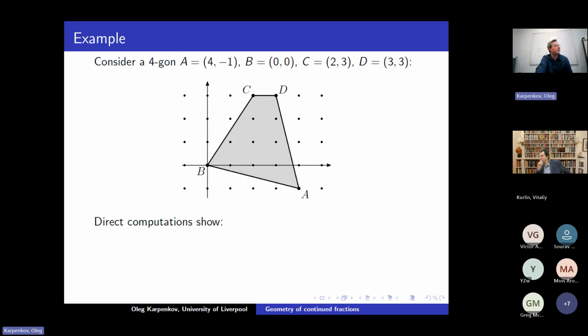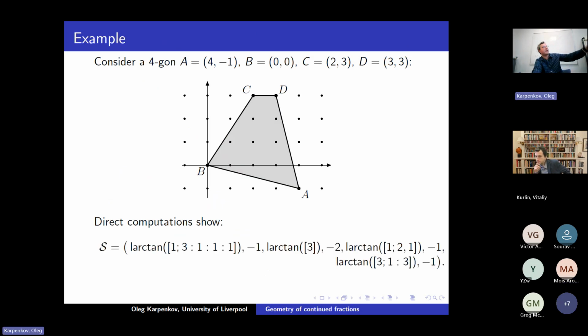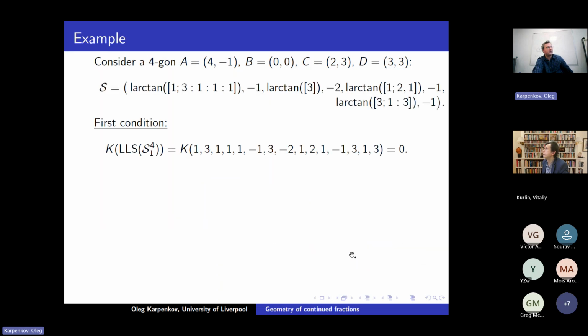Right, let's go further. So this is for K1. Again, we take continued fractions here. We have 4 angles and 4 continued fractions, and we compute the curvatures. The first condition would be that the whole continued fraction will have to be 0.